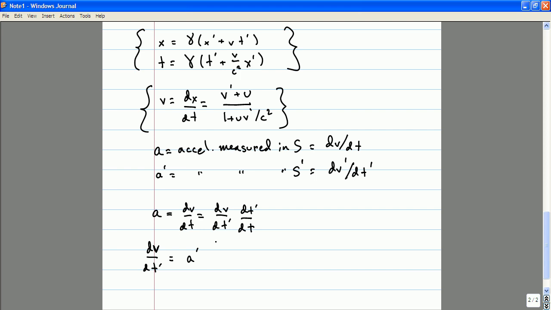Well, there's a term that comes from taking the derivative of the numerator v prime plus u. So that's 1 over 1 plus u v prime over c squared. And then a term that comes from taking the derivative of the denominator. So we get the square of the denominator.